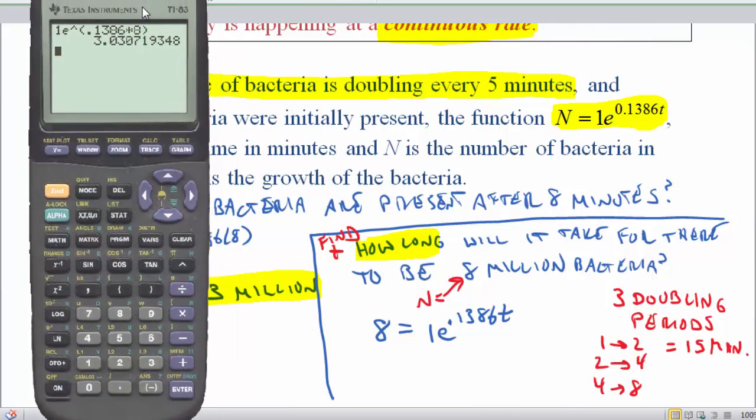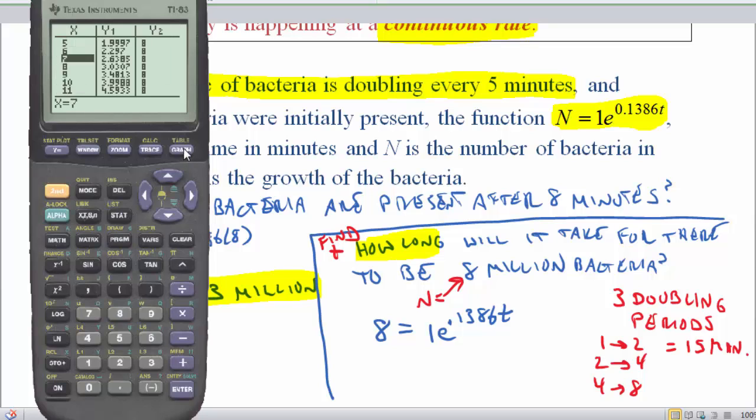Now, would I have expected you to get that? No, it would be nice if you did, but I wouldn't have expected it. So if you can't get it that way by just thinking about it, what you could have done is just enter this function into the calculator, right? You can enter 1e to the 0.1386x as your y1, and then your y2 as 8, and then you can just graph it.